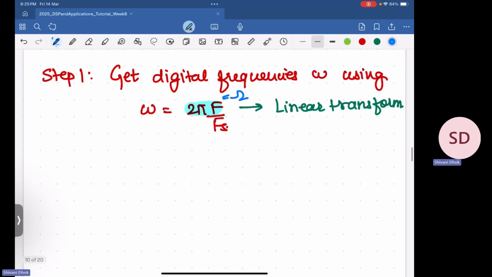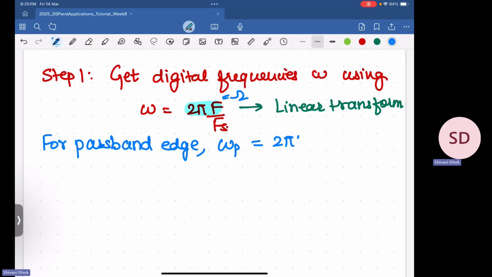Therefore, for the pass band, we get omega p as 2 pi fp by f sam, let me write f sam here for consistency of notation.